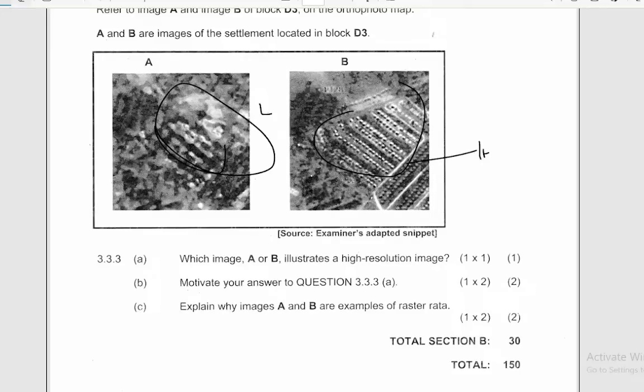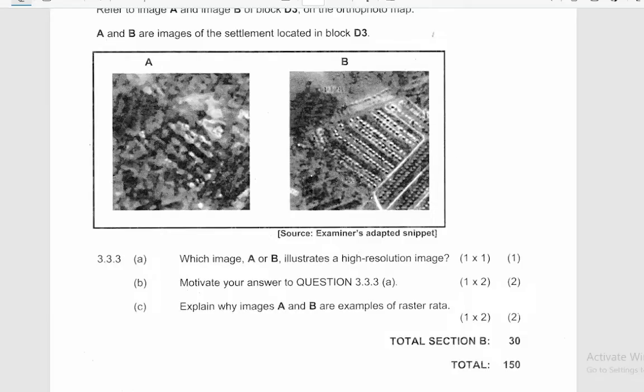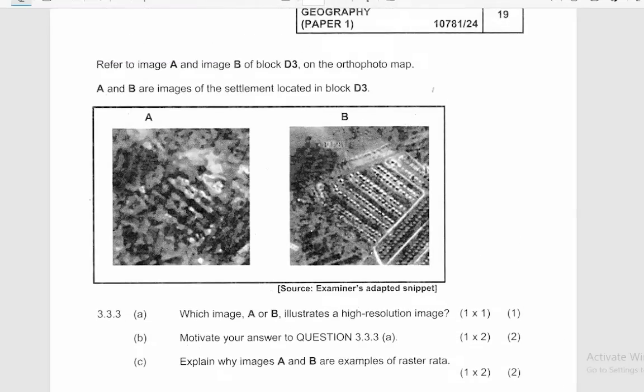If it was vector data, they would come in the form of lines, polygons, and point features as shown on the topographic map. And also be mindful that the topographic map shows details in vector data. In the orthophoto, it shows features or objects in raster data.